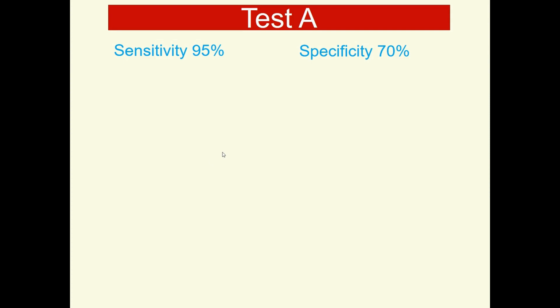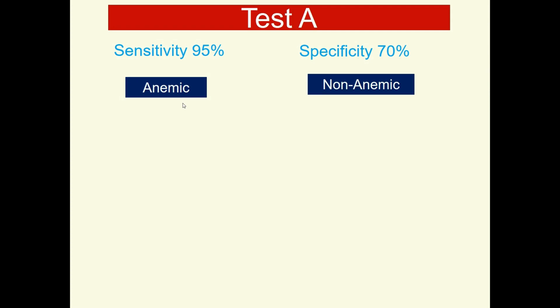So what exactly does this sensitivity of 95% mean? Let's say you have a group of patients who are anemic and a group who are non-anemic. There are 100 patients that are anemic, meaning they have anemia or are suspected to have anemia. Now this test shows sensitivity of 95%.